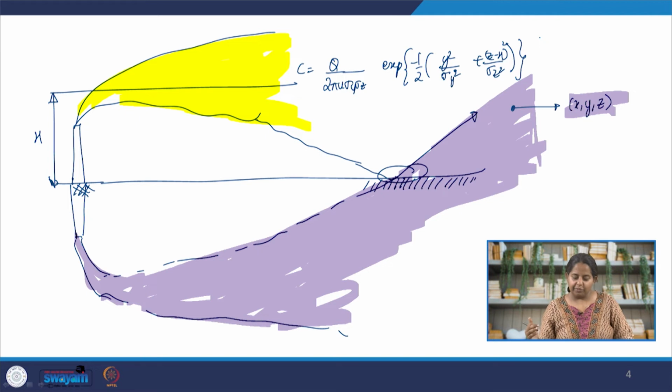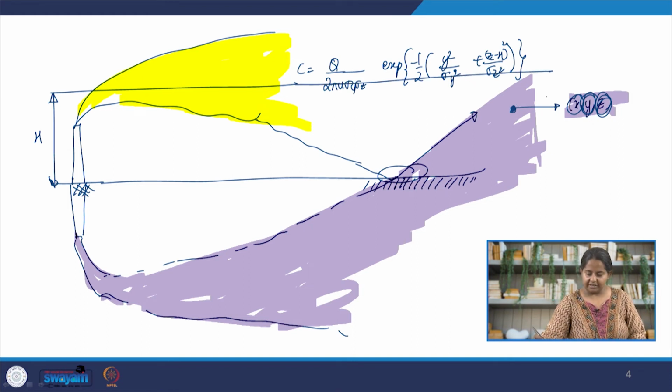For the indirect plume, the x, the horizontal distance, is going to be the same, the y is going to be the same, z is going to be different, because now this point is at a different height with respect to the virtual plume. So here, this is the z height, z minus H is the distance from the center line for this plume. So we have z minus H here. So this is the direct plume.